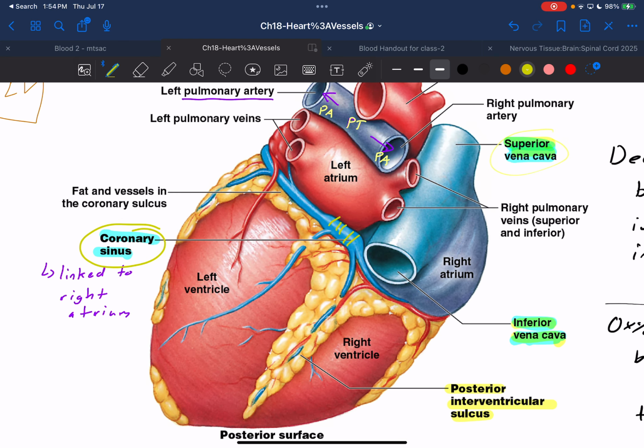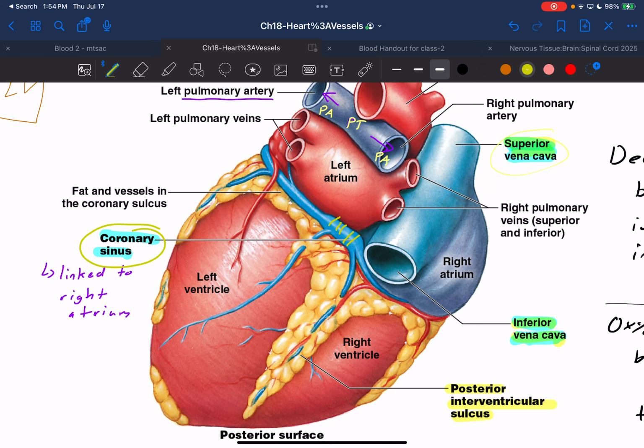They bring deoxygenated blood into the right atrium. So now the right atrium's big job is to receive deoxygenated blood from the inferior and superior vena cava and the coronary sulcus. You must envision arrows of blood flowing into this right atrium.